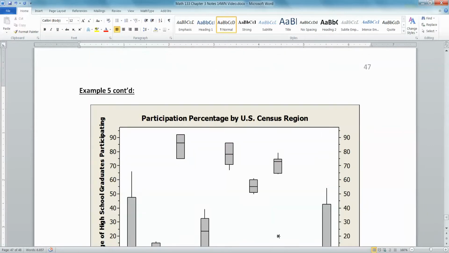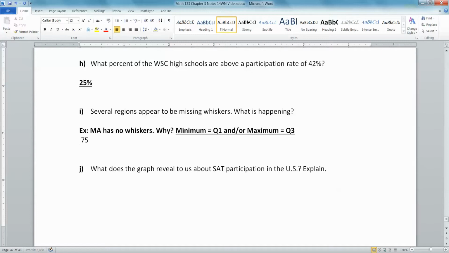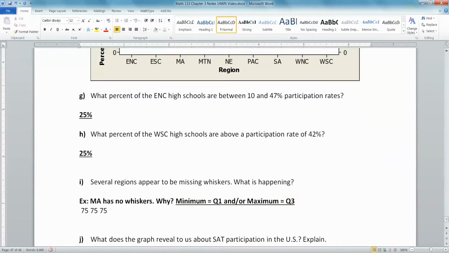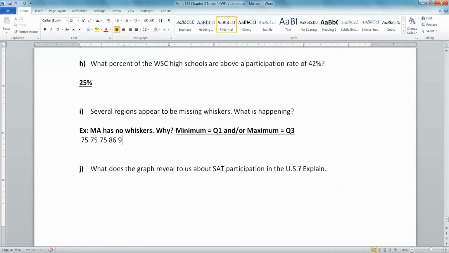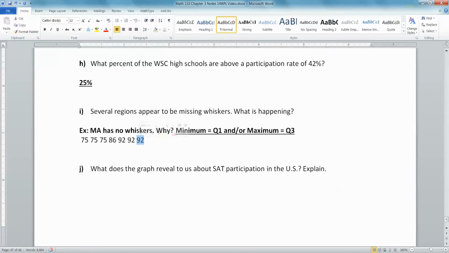So for example, if we look at MA, suppose it was 75, 75, 75, and then the median was 86 or so, and then the top was 92, 92, 92. I think that's where the top end is. If that's the case, then your max is 92, but your Q3 is also 92. And here your min is 75, but your Q1 is also 75.